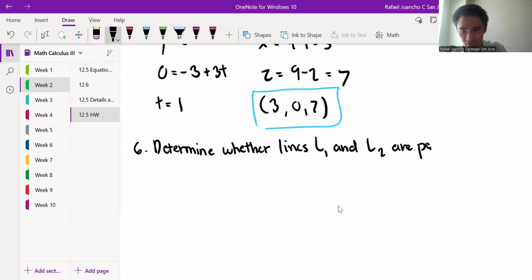We want to determine if they are parallel, skew, or intersecting.